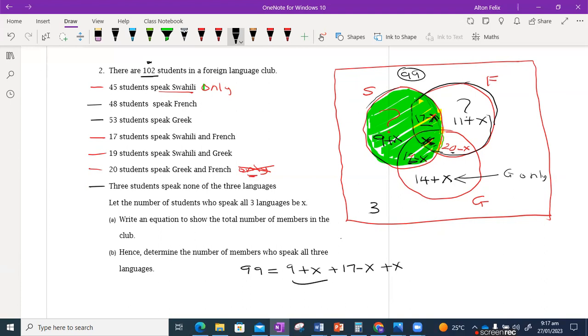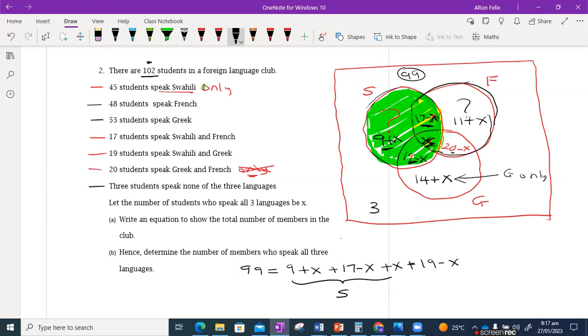Right, and that's the information for circle S. Are we seeing that? That's circle S here. 9 plus x plus 17 minus x plus x, and then we have this little piece here, plus 19 minus x. Right, that is circle S.